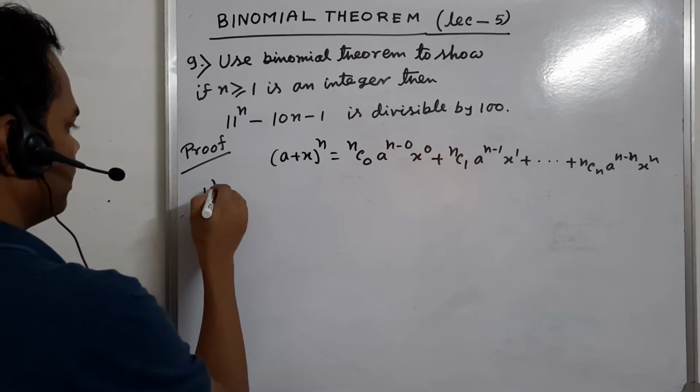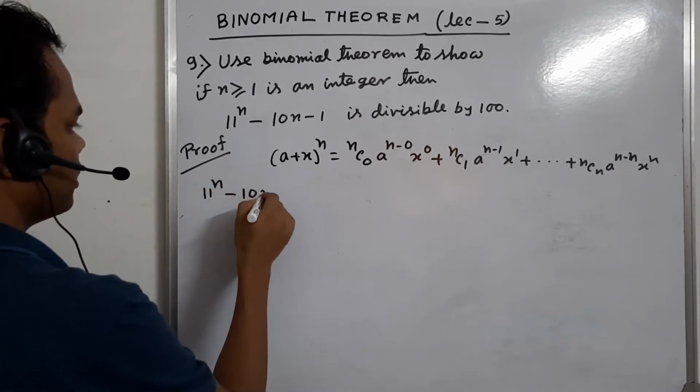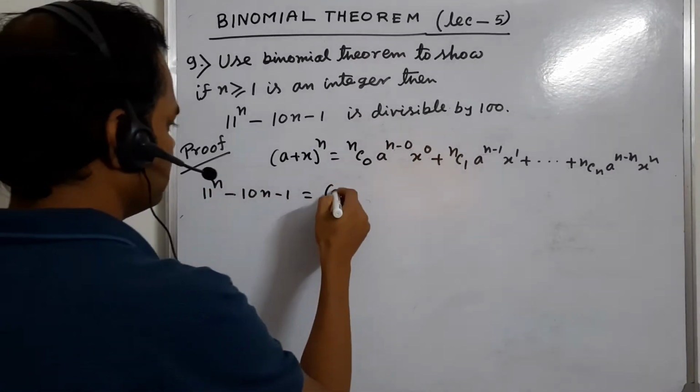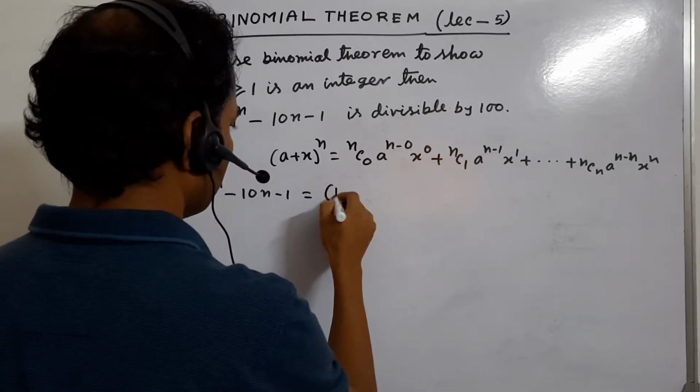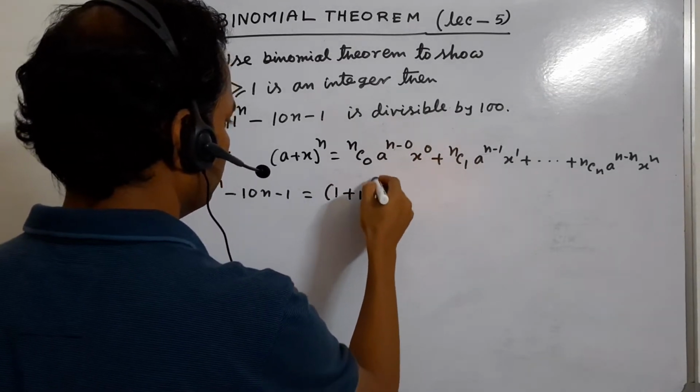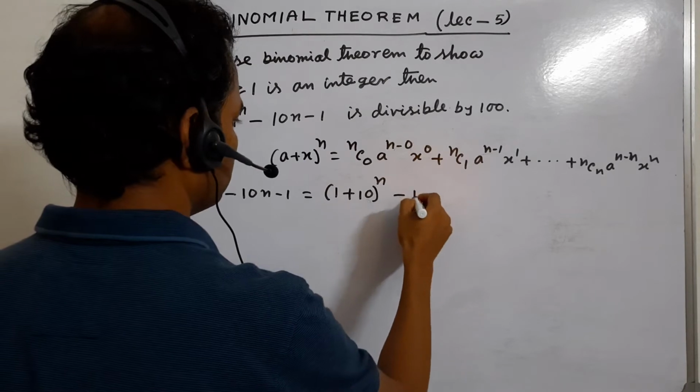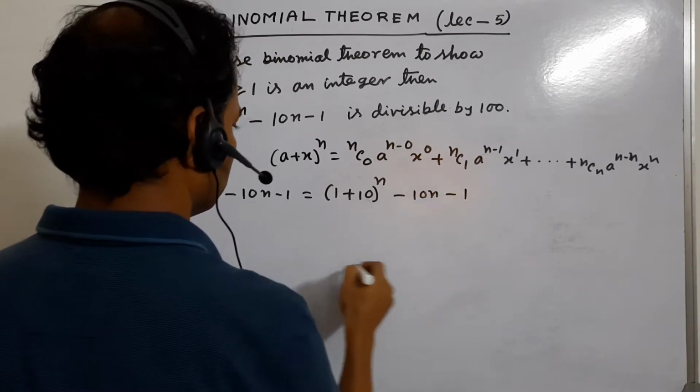So that term 11 to the power n minus 10n minus 1 can be written as (1 plus 10) whole to the power n minus 10n minus 1.